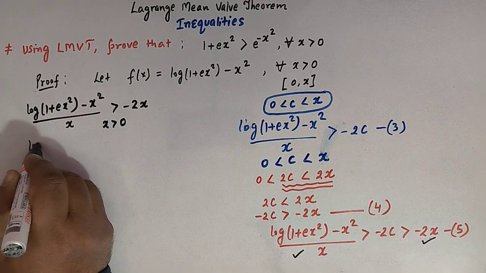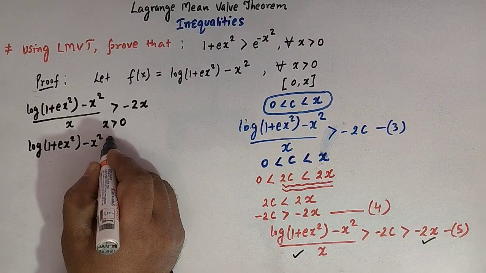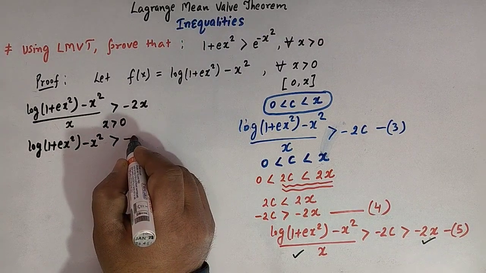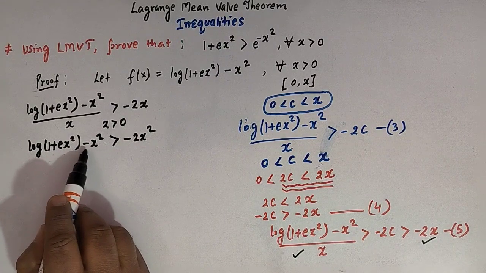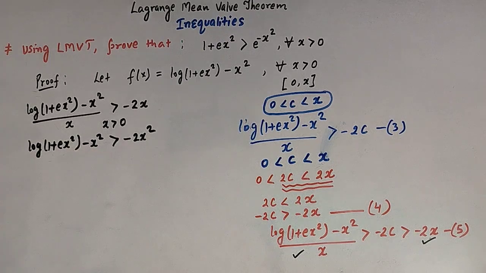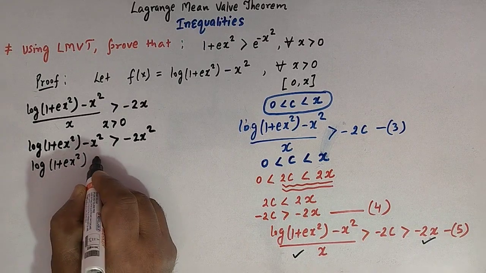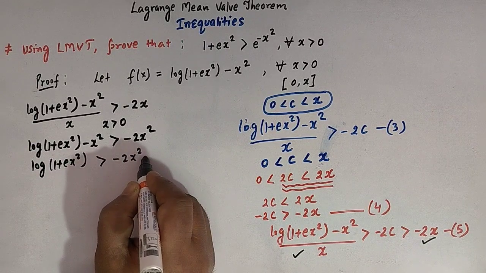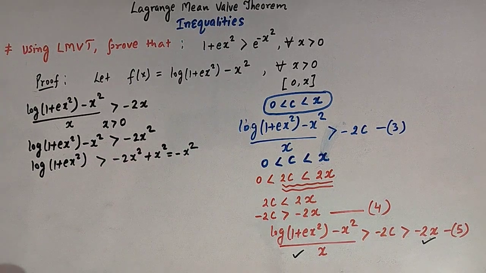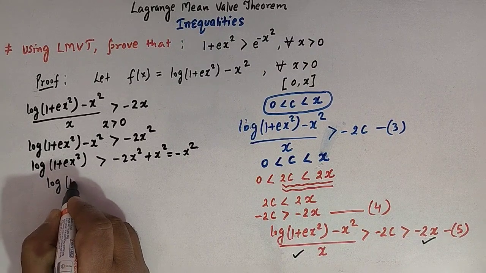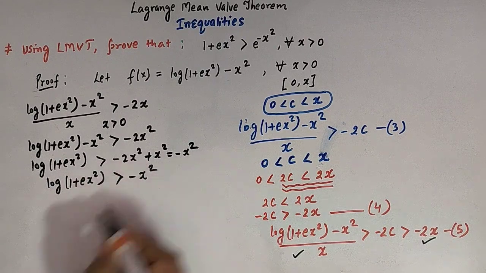So we'll have now log of 1 plus e^(x²) minus x² is greater than minus 2x². Now we can take this negative x² to the right hand side, so we'll get log of 1 plus e^(x²) is greater than minus 2x² plus x², that is equal to minus x². So now we have log of 1 plus e^(x²) is greater than minus x².